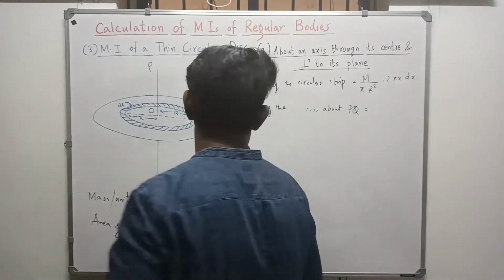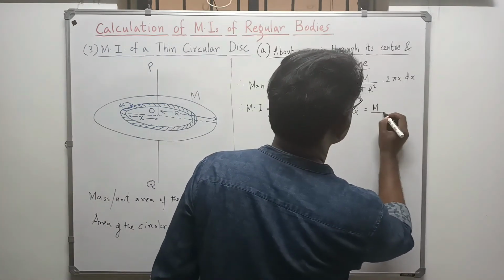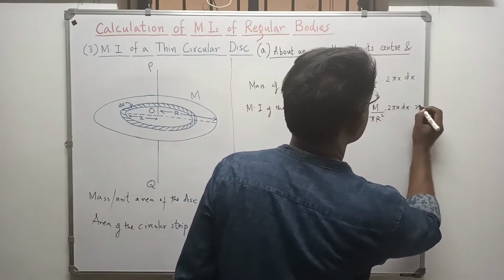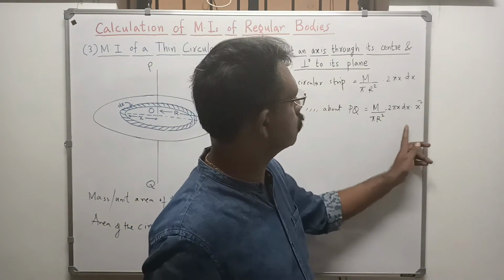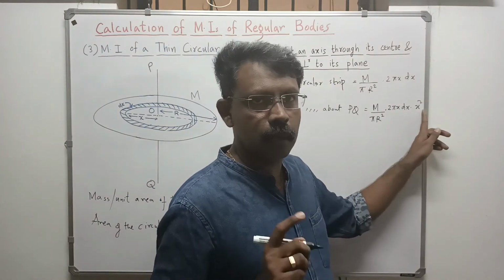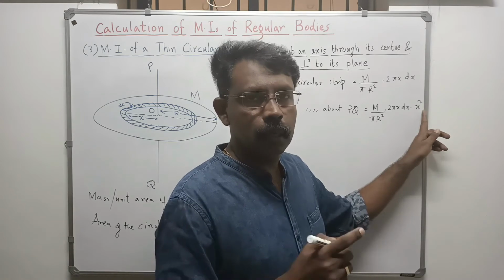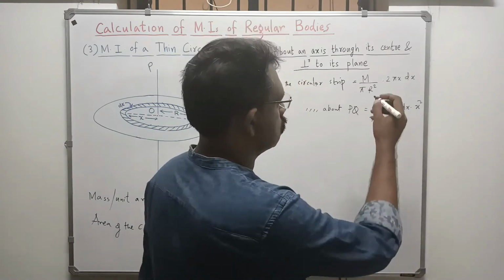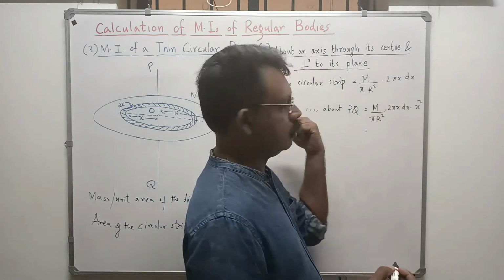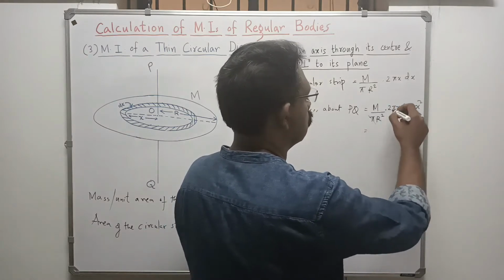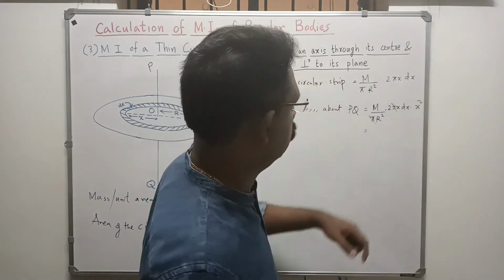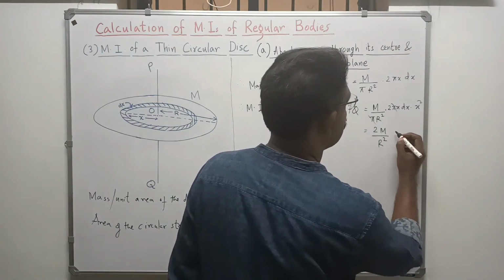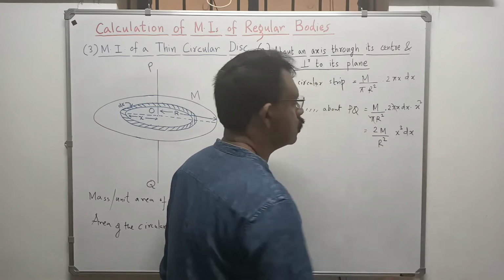So that will be M by pi R squared into 2 pi x dx, this much is mass, into x squared, because moment of inertia is mass into the square of the distance between the particle of mass m and the axis. So we have taken like this. Take all the constants to one side. Pi and pi will get cancelled. Then what will you get? This is 2M by R squared x cubed dx. So this is what you are getting.